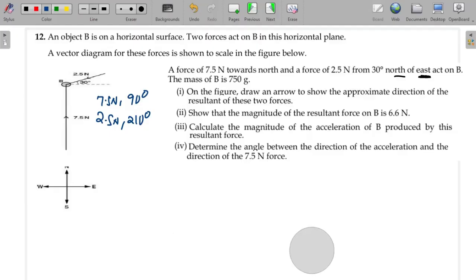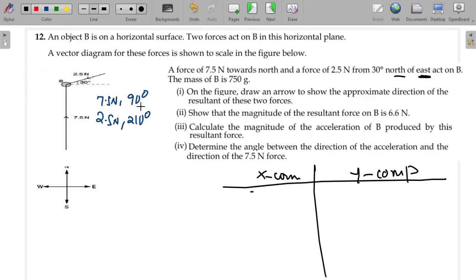Okay, so with that information now, I can easily find my magnitude. What I need to do here is simply work out the x component and the y component for each of these. So I'm going to say x component here, and then y component there.